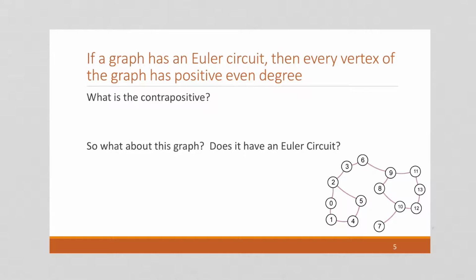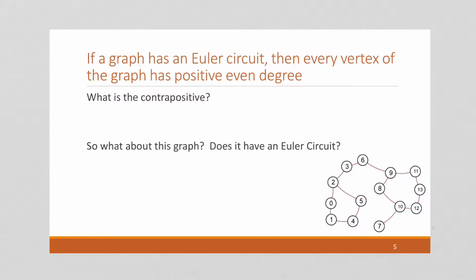Okay, so what is the contrapositive? Remember, we know that if a graph has an Euler circuit, then every vertex has a positive even degree. And we know the contrapositive is also true if the statement is true. So what is it?